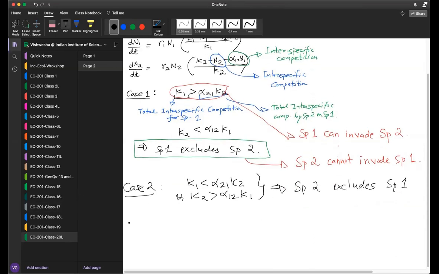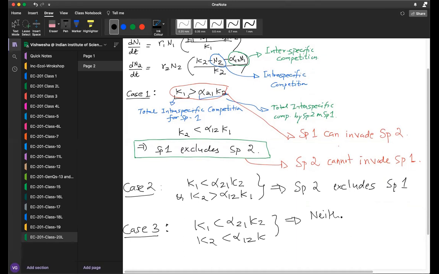Now we have a case 3. Consider a case 3 where neither of them can invade the other. What does that mean? Both of them are less. Which means K1 is less than alpha 2 1 K2, and K2 is less than alpha 1 2 K1.